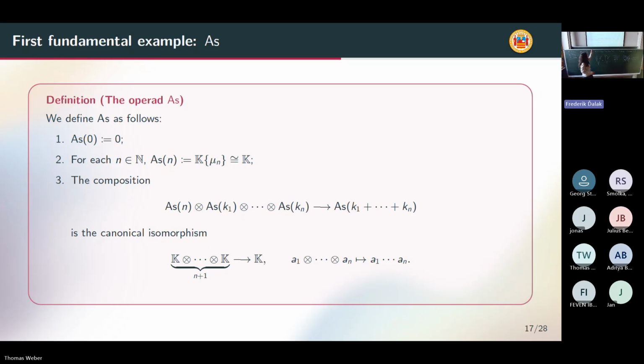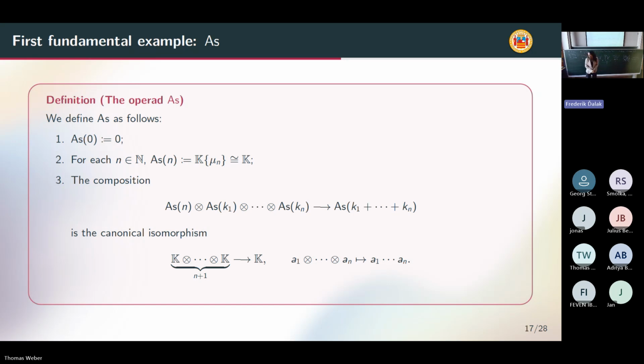And then we set As(n) isomorphic to the field k because in an associative algebra we have just a canonical way to multiply elements without caring about parentheses and parenthesization.